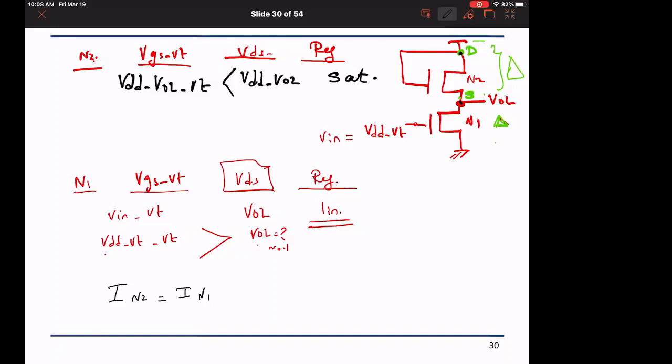But we have to be careful here that this current, if I take it as half K prime W by L VOV squared, is going to have VOL in it. And this one here is going to be K prime W by L times (VDD minus 2VT) times VOL minus VOL squared over 2.